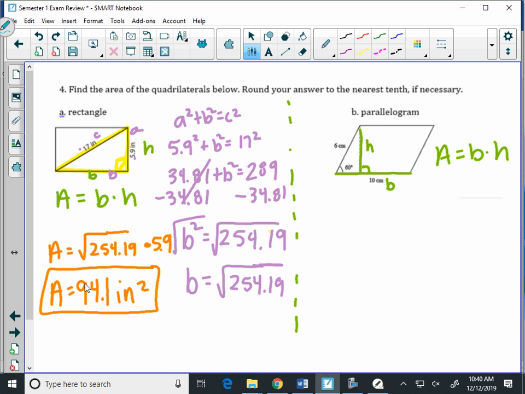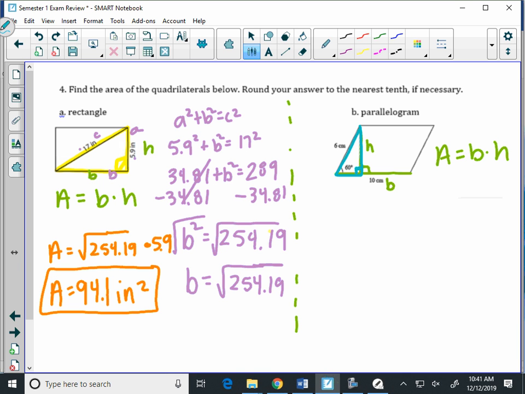Well, I know my height is perpendicular to my base, and I notice that my height is part of that blue triangle right there. And I know that that triangle is a right triangle. So there's two ways to find the missing side of a right triangle, using the Pythagorean theorem or trig. For B, we have to use trig because we only know one side of the right triangle.